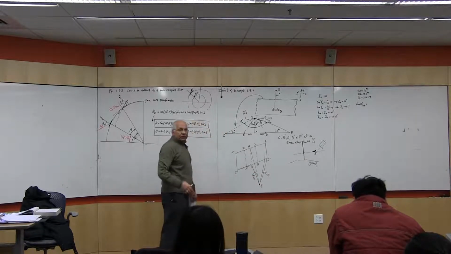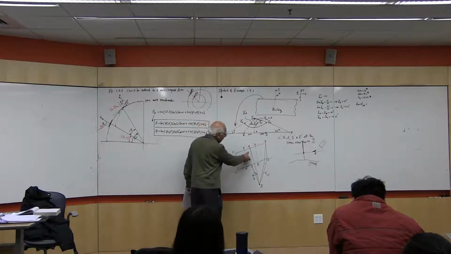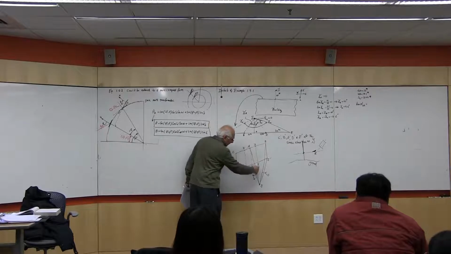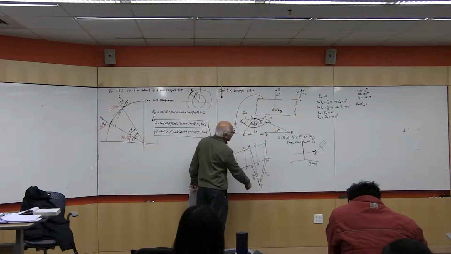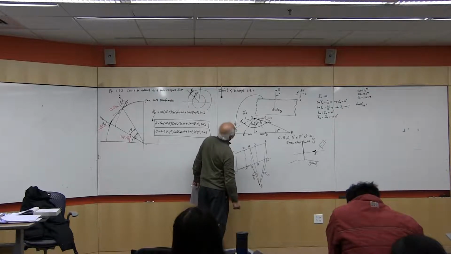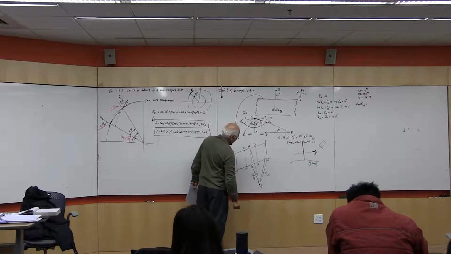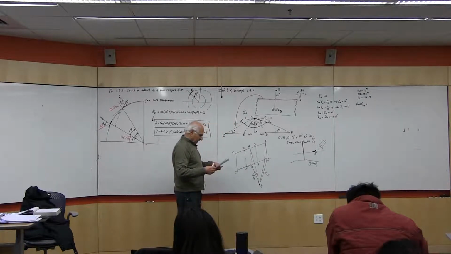And alpha OA is, first of all, a right triangle. You can see it. And tangent of that would be the height of the building divided by SA that I have. I already calculated SA. Do I have SA? Yes, we do. So, what is the height of the building? That's something I should have given you.